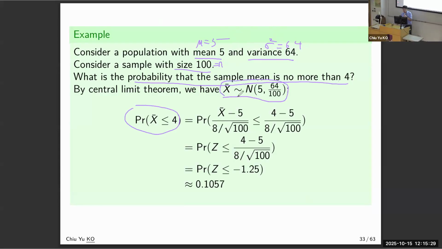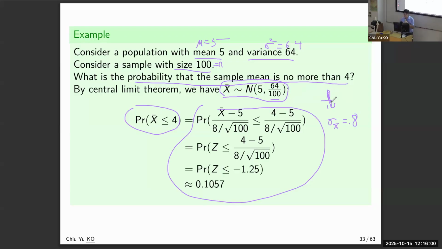Once you know this is normal, you just apply the same idea. The variance is 64, so the standard error is 8 over 10, which is 0.8. So sigma of x bar is 0.8, because you take the square root.